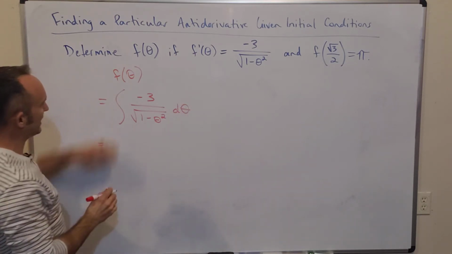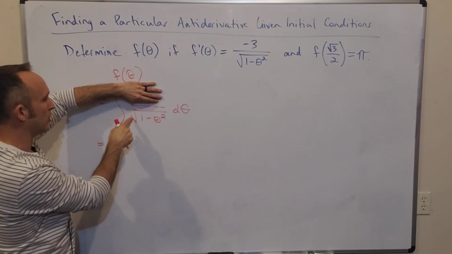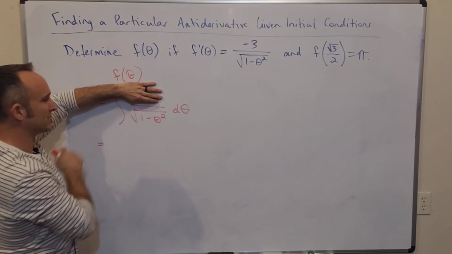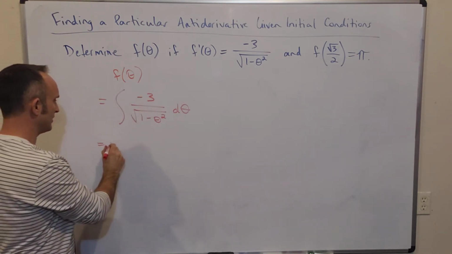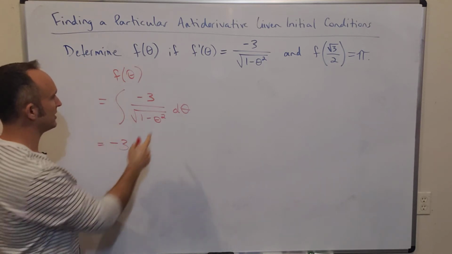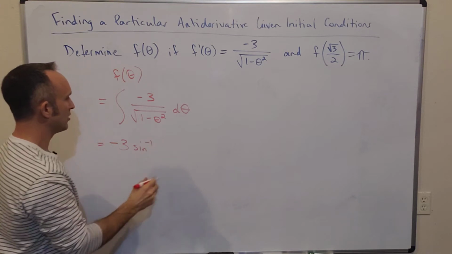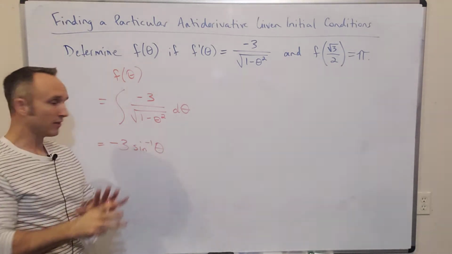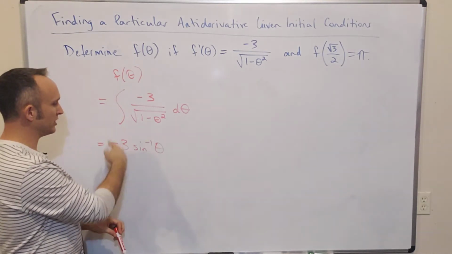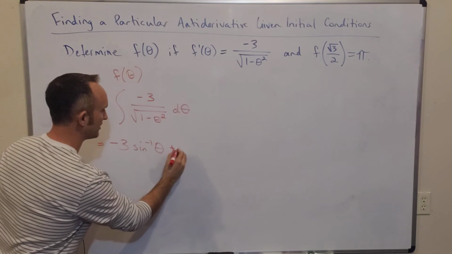And hopefully you recognize, ignoring the coefficient of -3, this is like 1 over the square root of 1 minus something squared. So I'll keep my -3 coefficient. The antiderivative of this guy is the sine inverse function with the argument of theta. And you can verify this through differentiation. If you differentiate this, you'll get this function back, and we have to build in our constant.